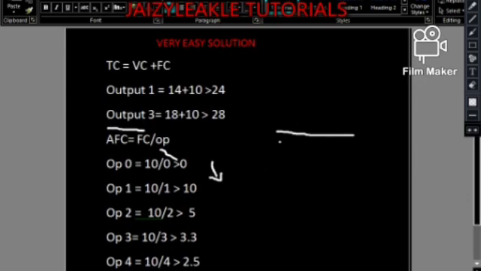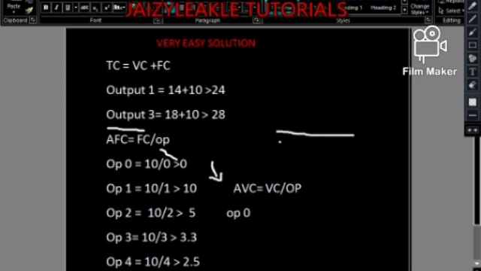Finding that one is very simple. We said average variable cost is equal to variable cost all divided by OP, that is the output. So at OP0, that one is always 0. So we put the dash.